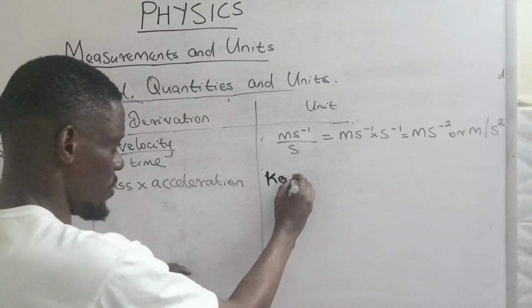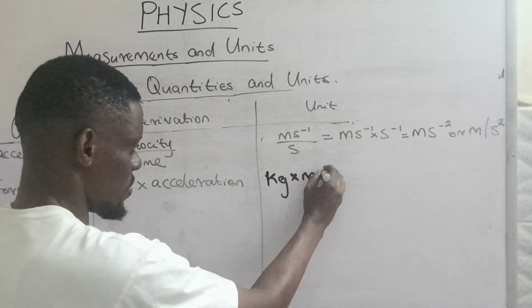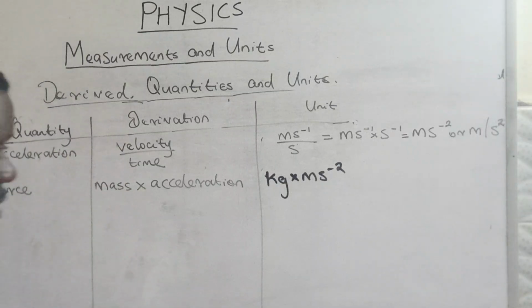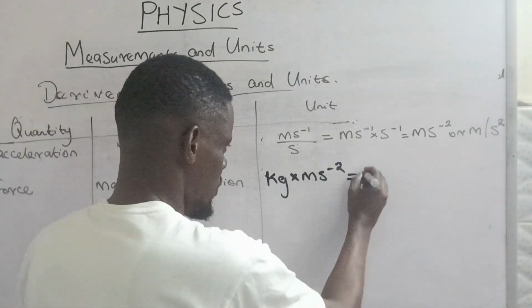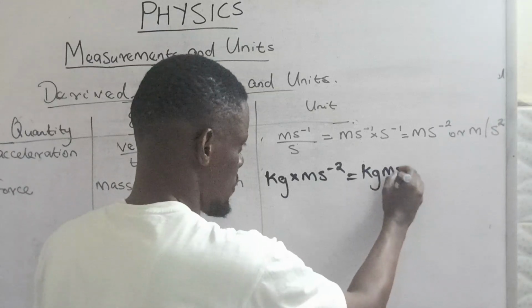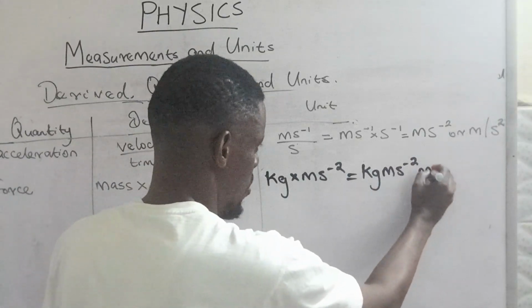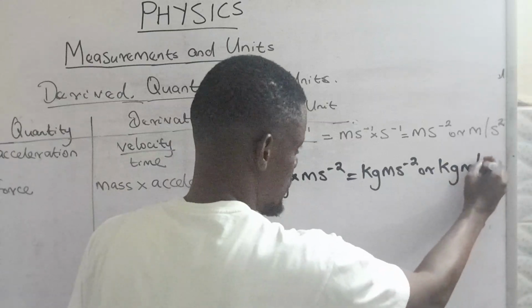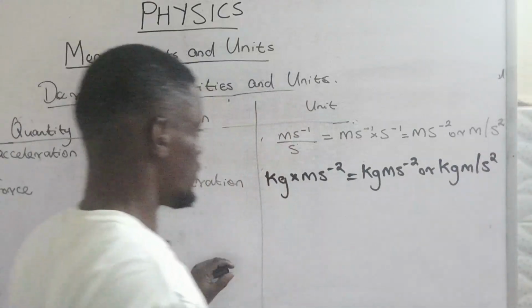The unit of acceleration is meters per second square. So multiplying this gives us kilogram meter per second square, or kilogram meter slash second square.